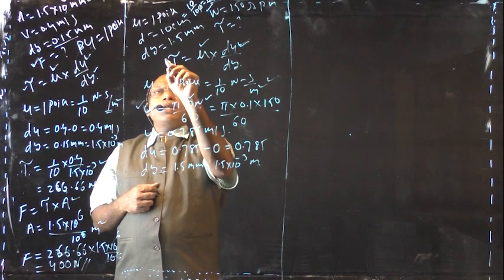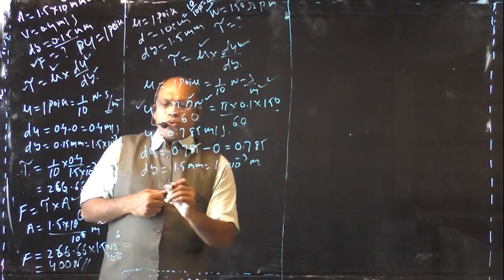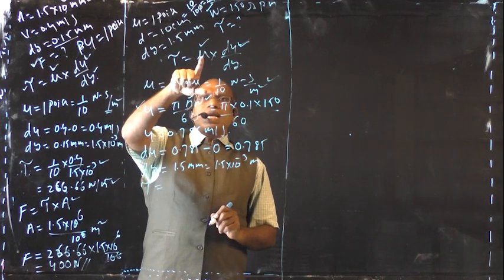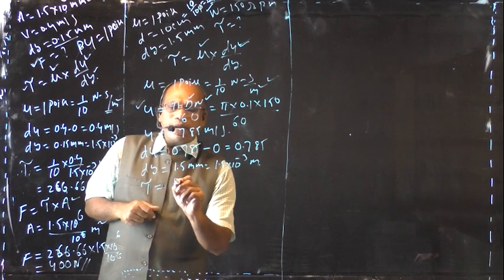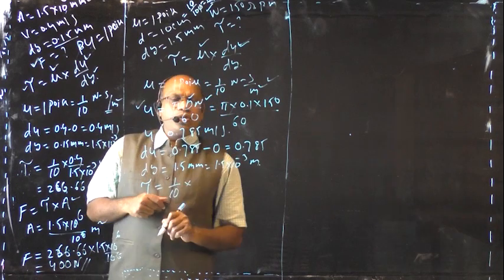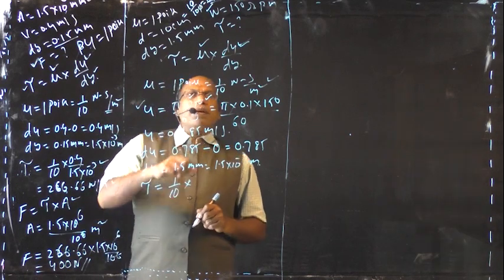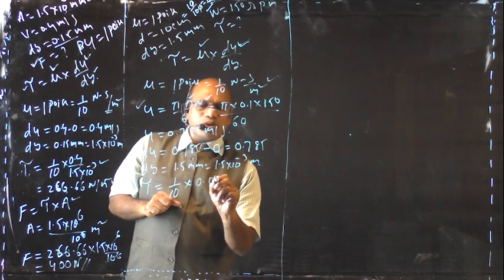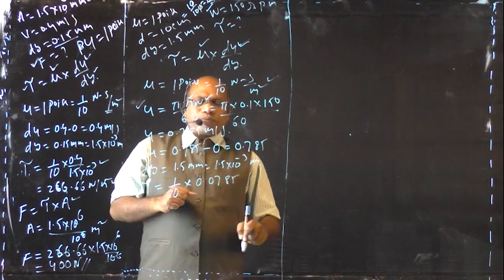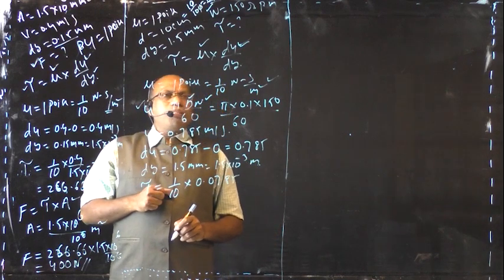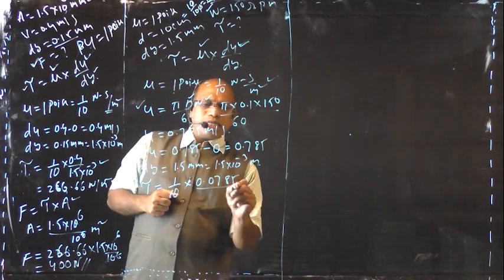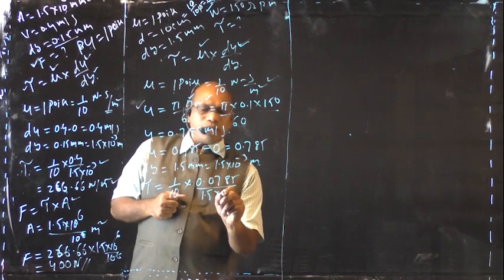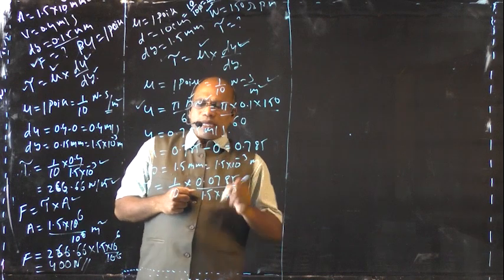Therefore, shear stress tau equals the viscosity of the fluid, 1 by 10, into the change in velocity, 0.0785, divided by the clearance, 1.5 into 10 power minus 3.